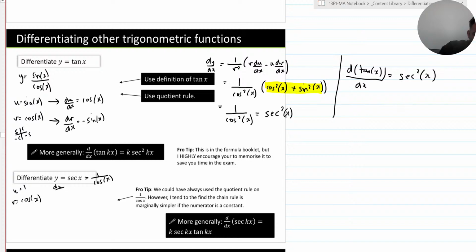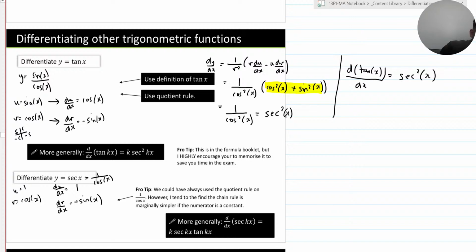So if I say that u is equal to 1 and v is equal to cos of x, then I can say du by dx is equal to 1 and dv by dx is going to be equal to minus sine of x.